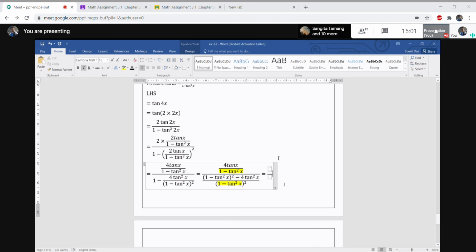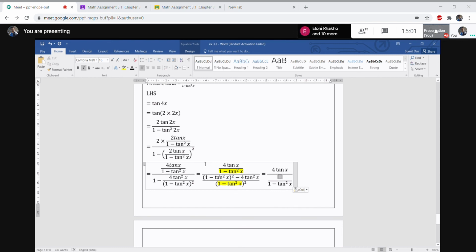Numerator, it will be 4 tan x, right? 4 tan x. And denominator it will be 1 minus tan square x. What will be numerator?